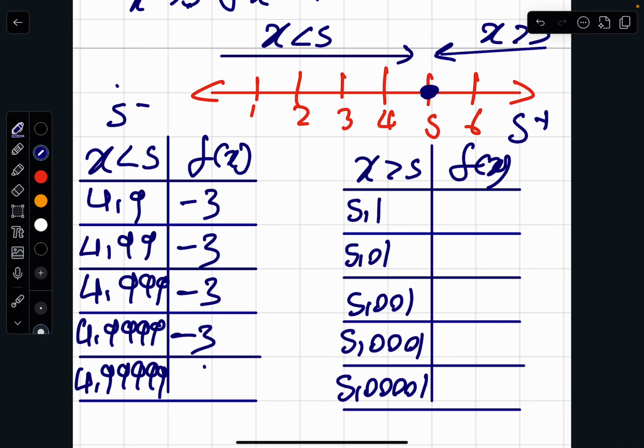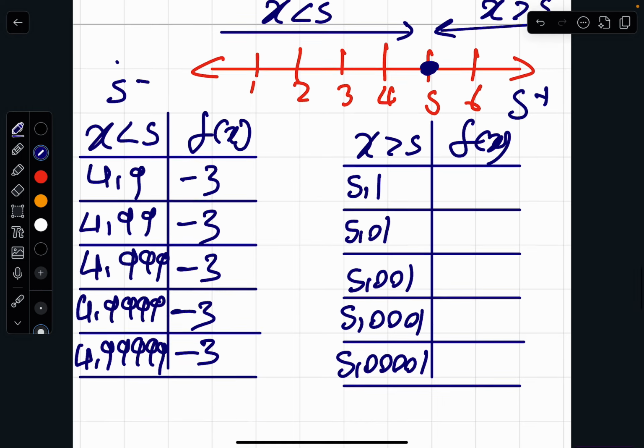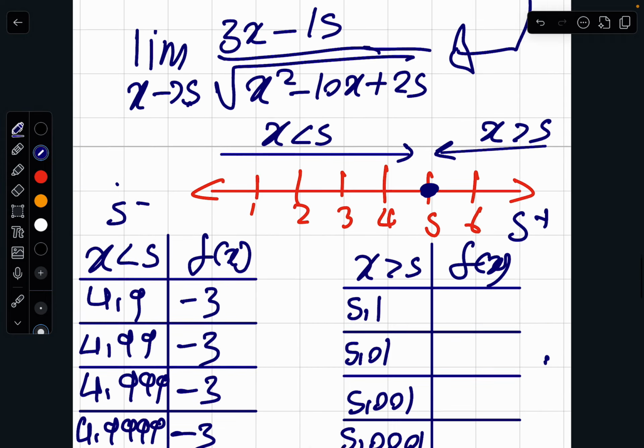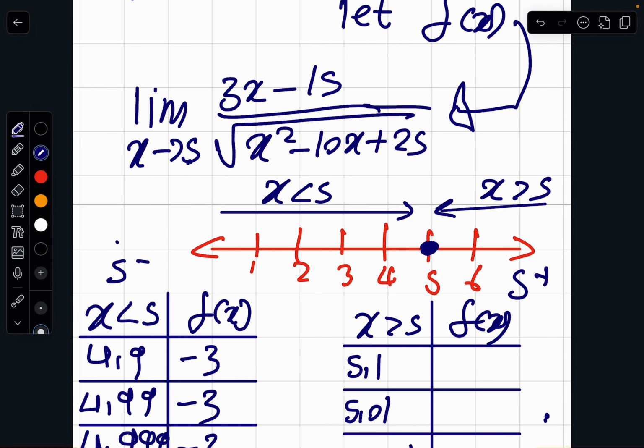We have negative 3. So let's go this side now. Meaning we are going to substitute 5.1 into 3x minus 15, all over the square root of 5.1 all squared minus 10 times 5.1 plus 25.